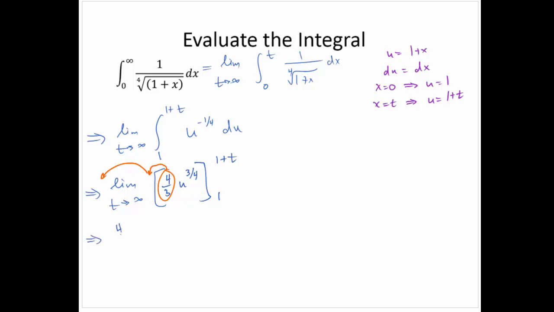So then this becomes 4/3 times the limit as t approaches infinity of 1 plus t to the 3/4 minus 1 to the 3/4. Now 1 to the 3/4 is 1. That's not a problem. But what happens to that 1 plus t to the 3/4? So let's focus on that.